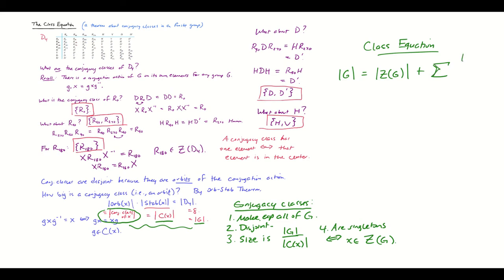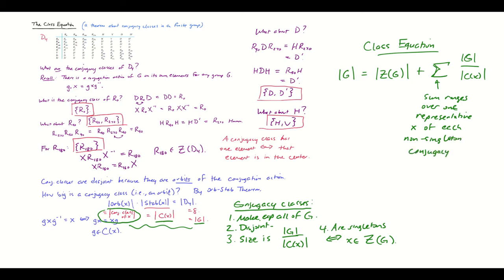It's the sum of the order of G over the order of the centralizer of x. And what is x? The sum ranges over one representative x of each non-singleton conjugacy class.